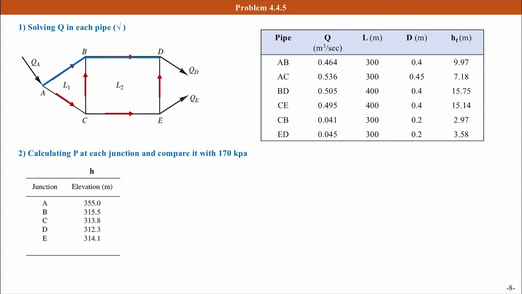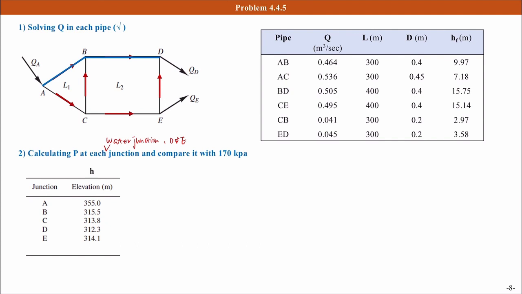Now let's take a look at the second problem, which is calculating the pressure at each water demand junction, at points D and E, and comparing their pressure with 170 kilopascal.